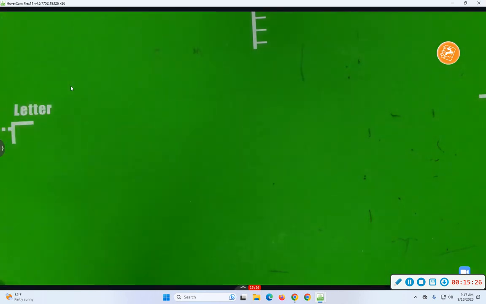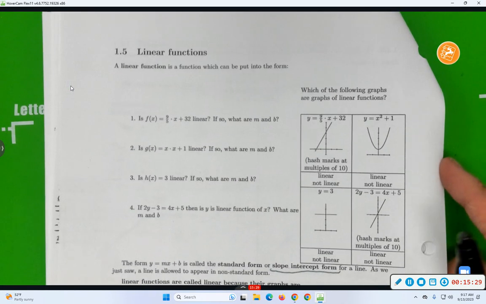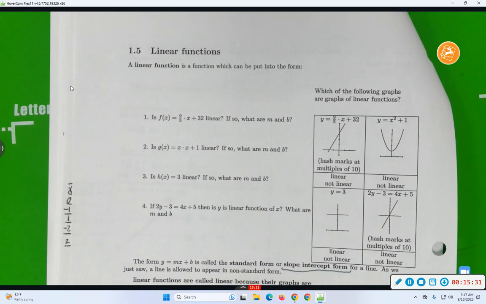Let's start doing some linear functions. So here's a definition. What is a linear function? What do you think? When I say a linear function, what do you think that should mean?